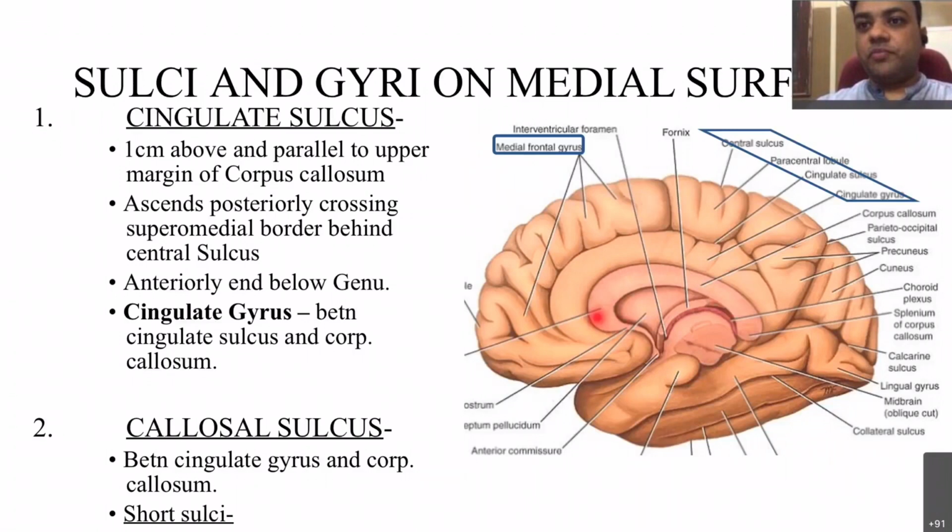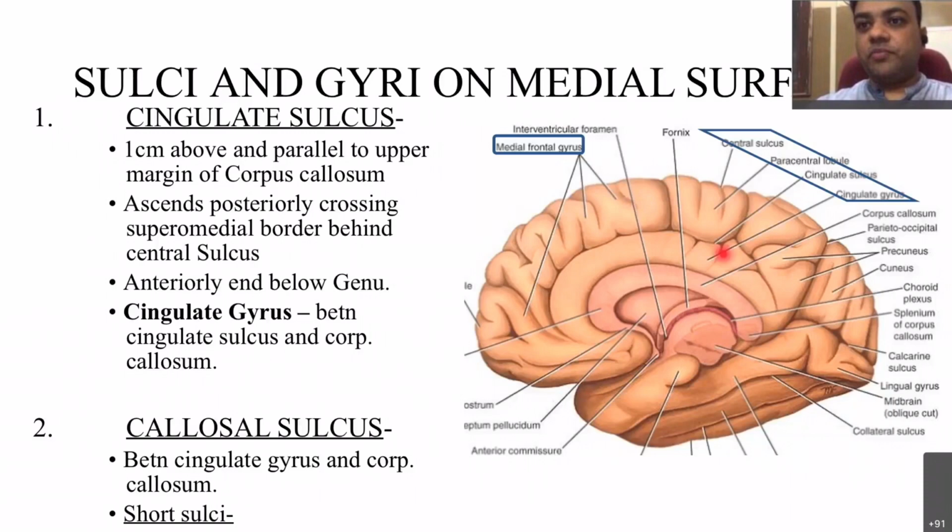Whole of this cerebral hemisphere is separated from each other by a median longitudinal fissure, except at this corpus callosum, because it is connecting two cerebral hemisphere by commissural fibers running along in the corpus callosum. इसका जो अपर मार्जिन दिख रहा है तो पैरेलल टू दैट इज द सिंगुलेट sulcus.